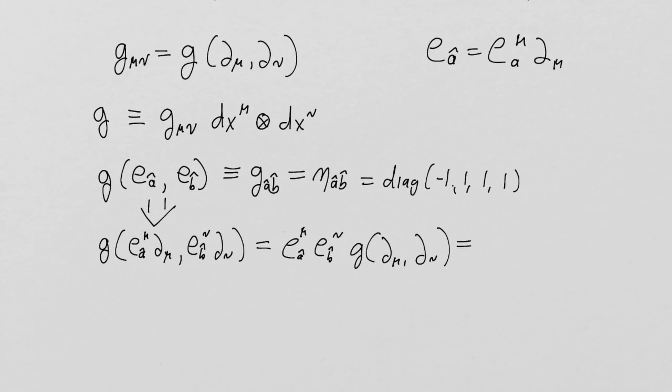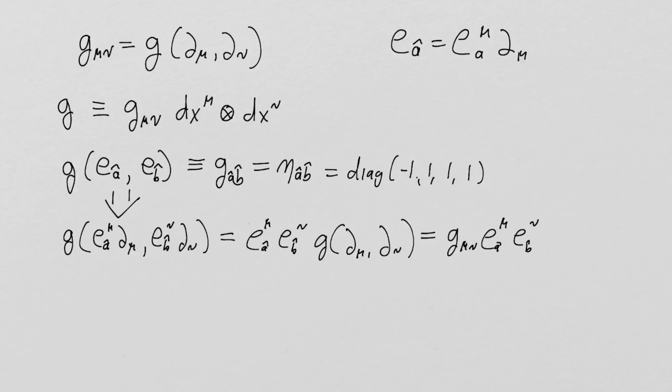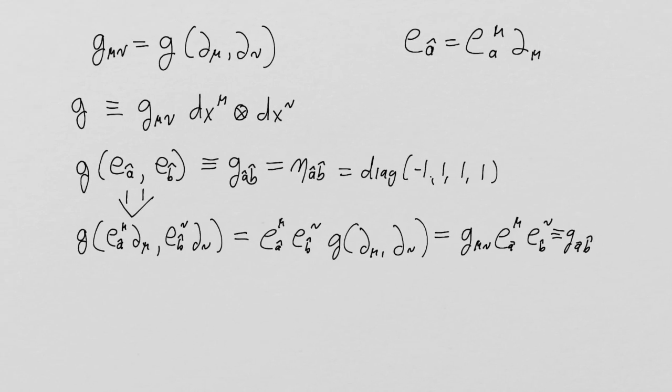Of course that equals G mu nu E A hat mu E B hat nu, which we're defining as G A hat B hat. And that's the relationship between the metric components from the bird's eye view and the metric components associated with the tetrad.